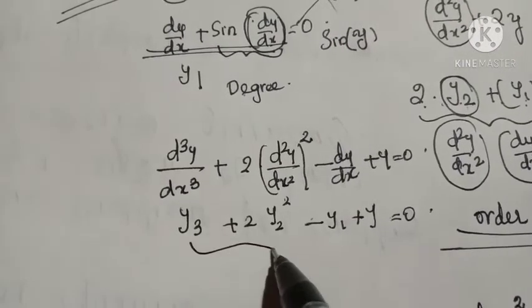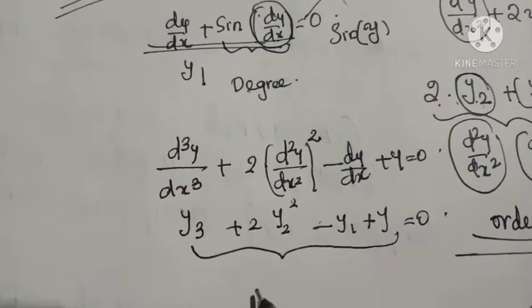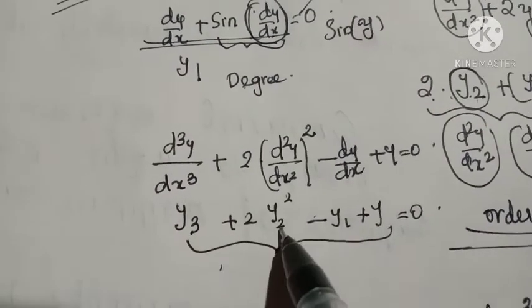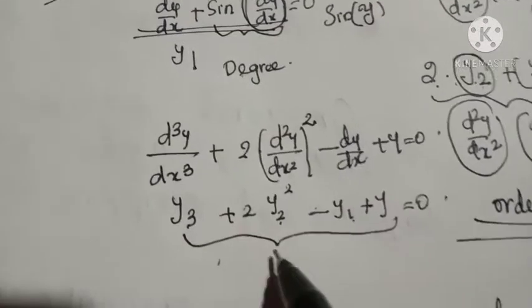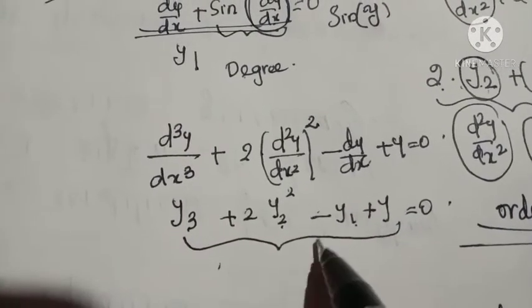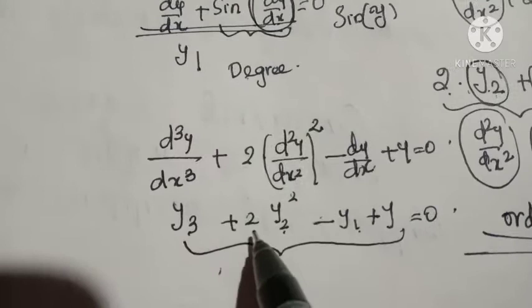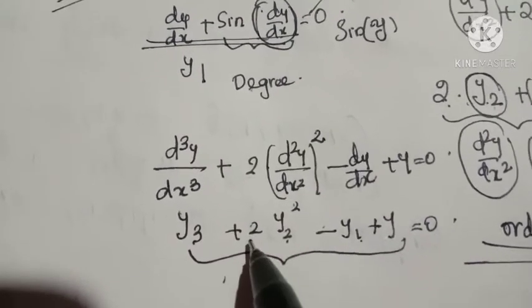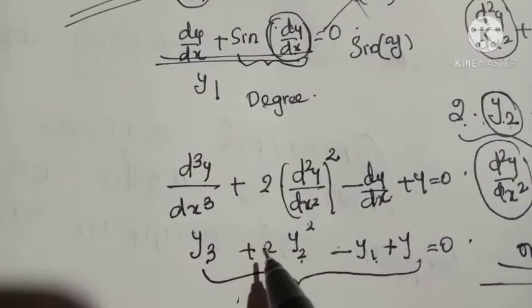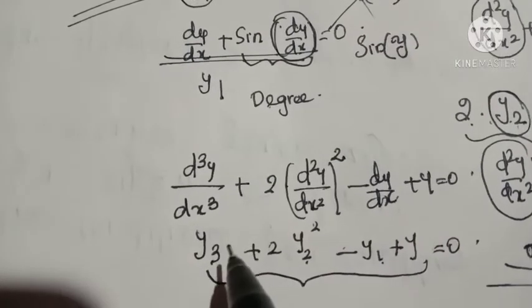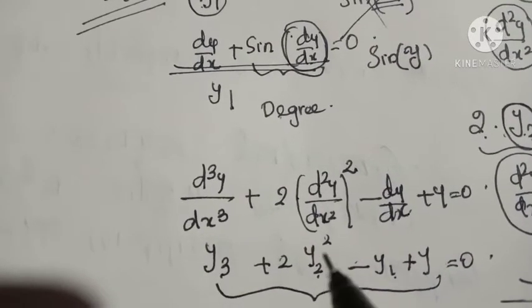This is a differential equation in y3, y2, y1, y, and therefore a polynomial equation, so we can define its degree. The degree is the highest power of the highest order derivative.